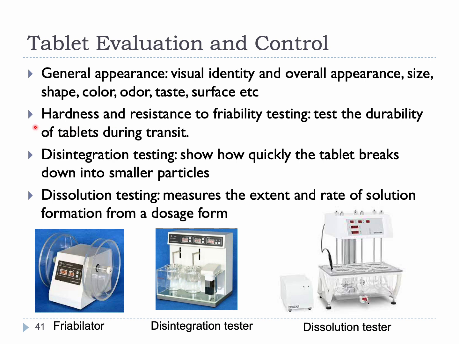The next test is hardness and resistance to friability. This testing is to test the durability of tablets during transit or transportation. These are the kinds of machines used to do the hardness or friability testing.